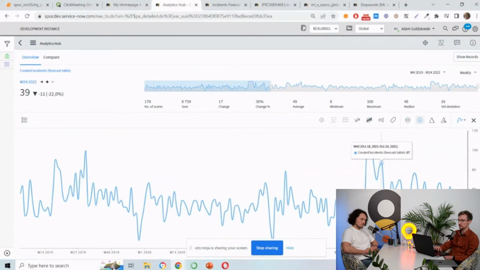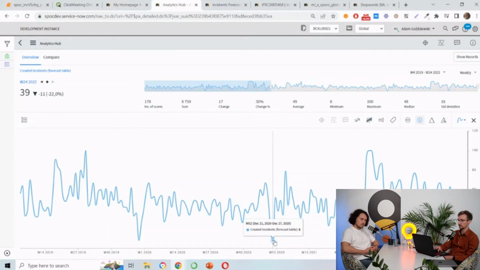As you can see, based on our historic data, we can see a trend here, and we can observe significant lows in December, here and also here and also here.